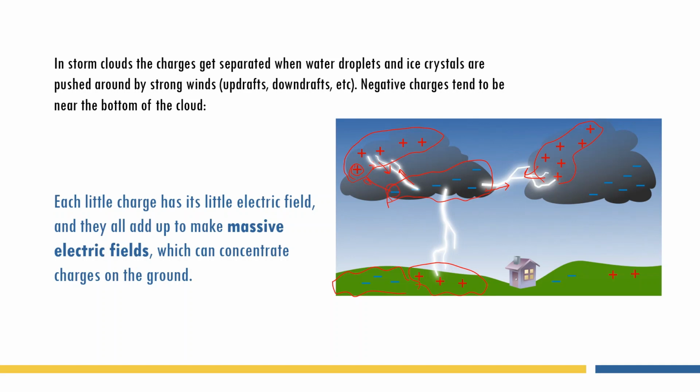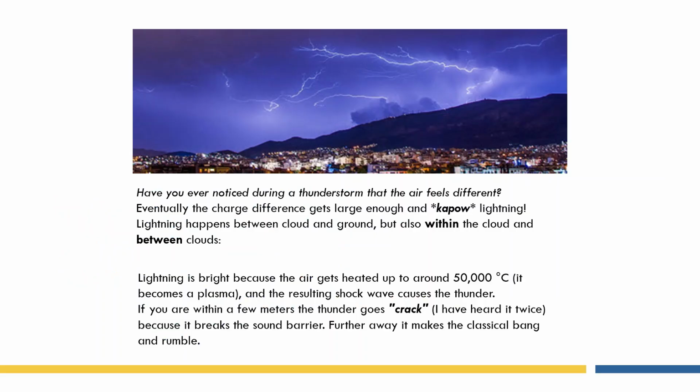That only creates a little electric field. However, when you have a lot of positive charge and a lot of negative charge trying to combine with each other, you get a massive electric field. That electric field can be really dangerous, because it can heat up the air up to 5,000 degrees Celsius.